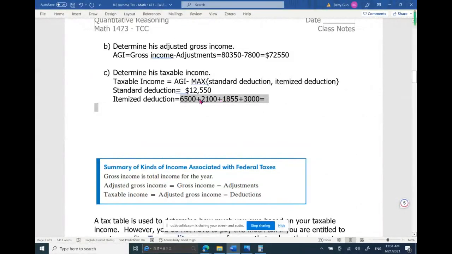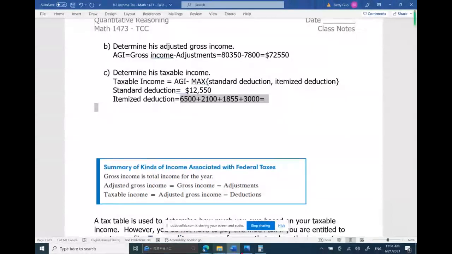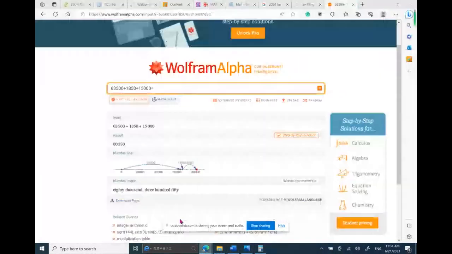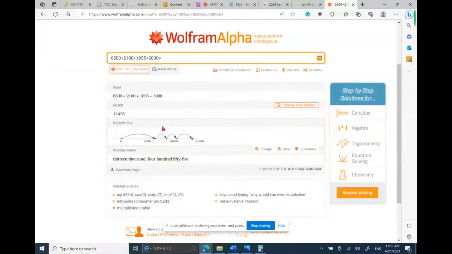What's the sum of those itemized deductions? I got 13,455.